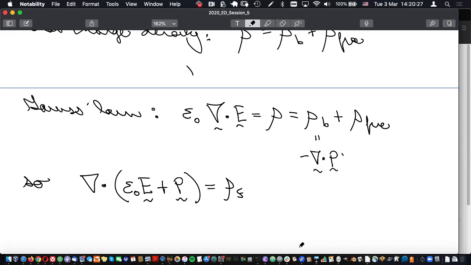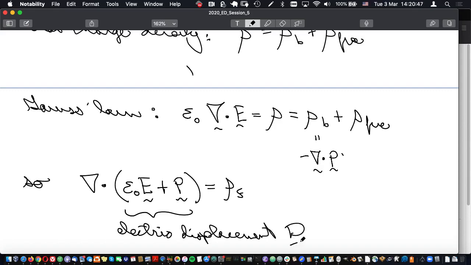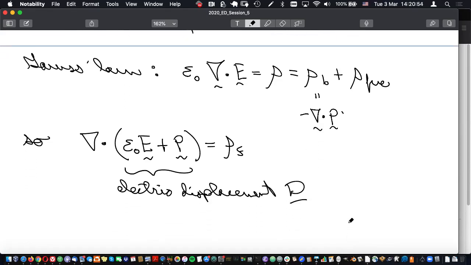So what I can do is, by playing this trick, define an object that is called the electric displacement, which will have the symbol D, that then obeys a Gauss-like equation, but only with the free charges as source terms.